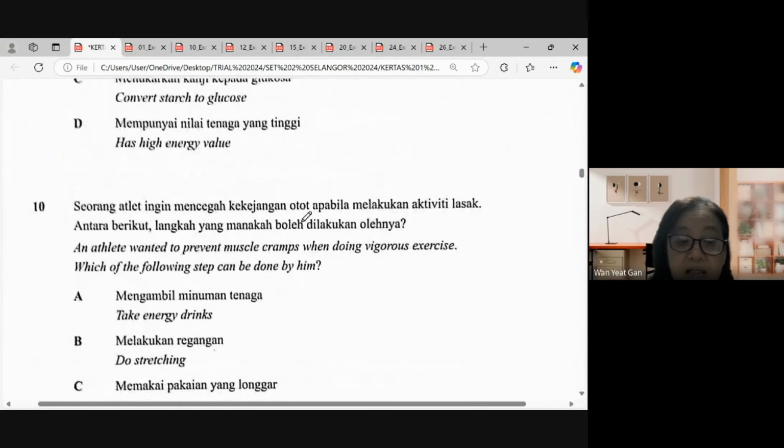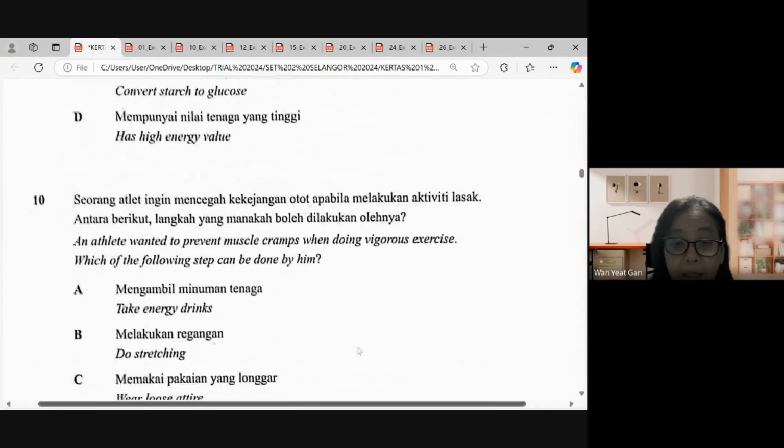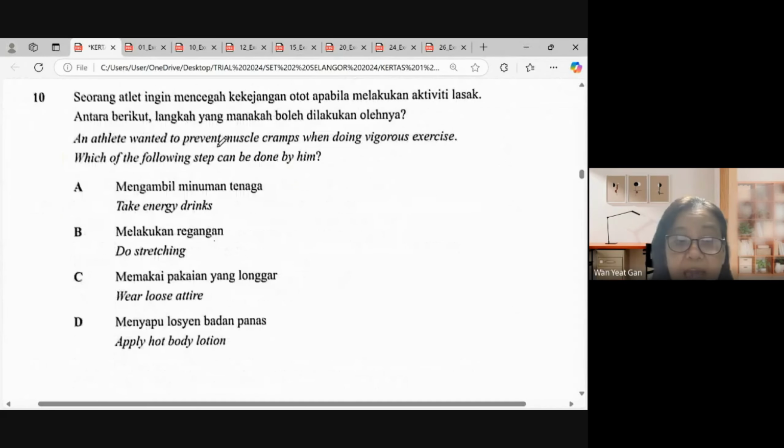Okay, next, number 10. An athlete wanted to prevent muscle cramp during vigorous activity. Which of the following steps can be done by him? Okay, so to prevent muscle cramp, he has to do a lot of stretching first to enable the muscle to be warmed up and stretched, so that it will prevent injury and also prevent muscle cramp.